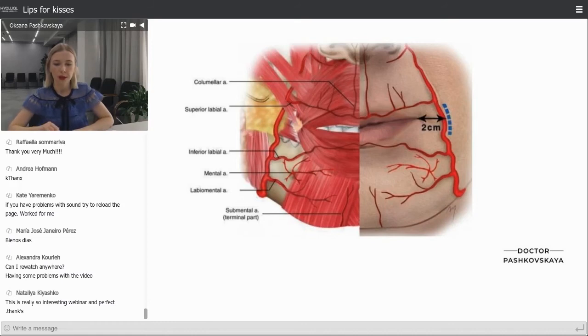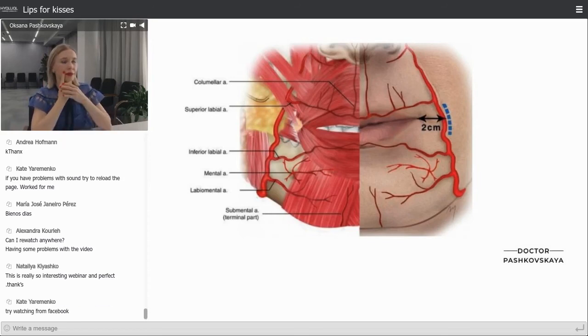And I would like to tell you a life hack. Ask your patient to give you his finger, and you apply the finger in a position where the corner of the mouth matches the nail cuticle of the finger.